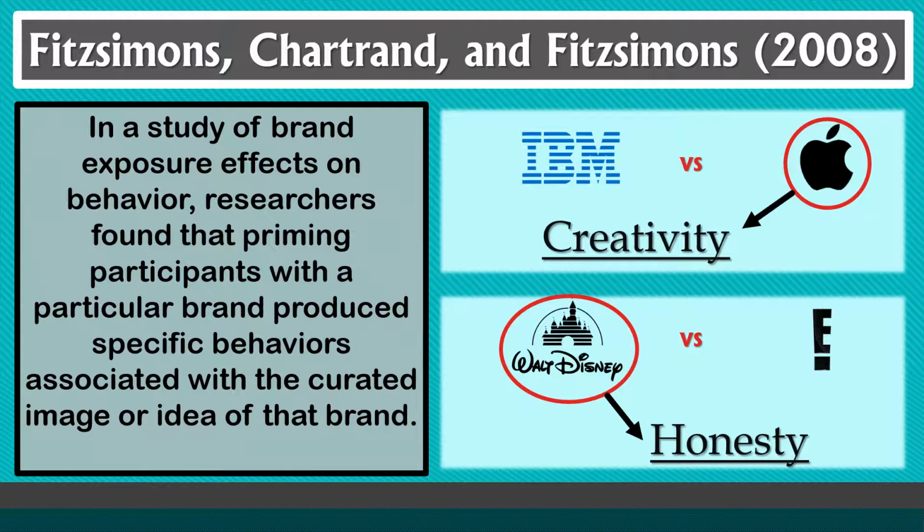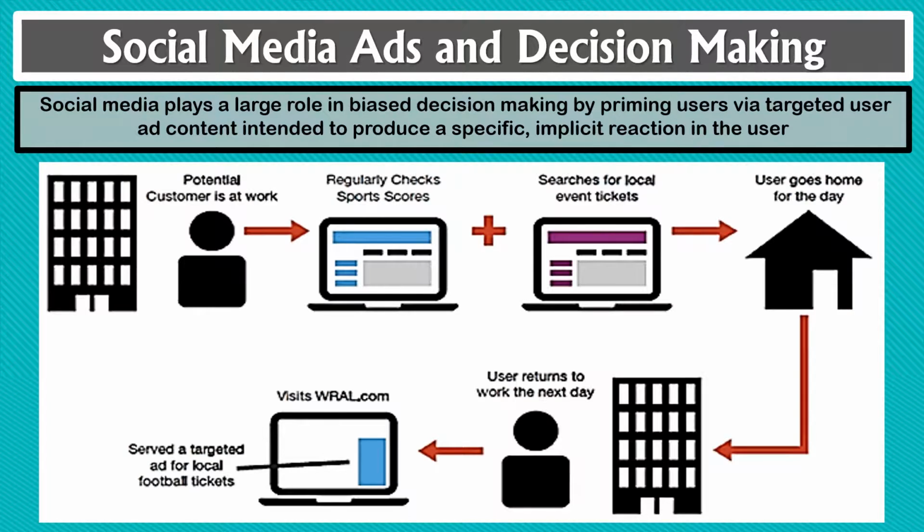Similarly, subjects primed with Disney-related stimuli showed greater honesty on measures following priming compared to subjects exposed to E! as well as controls. Social media, of course, plays a large role in biased decision-making through priming as well, as we often see in targeted user ad content curated to produce an implicit specific feeling or reaction in the user.